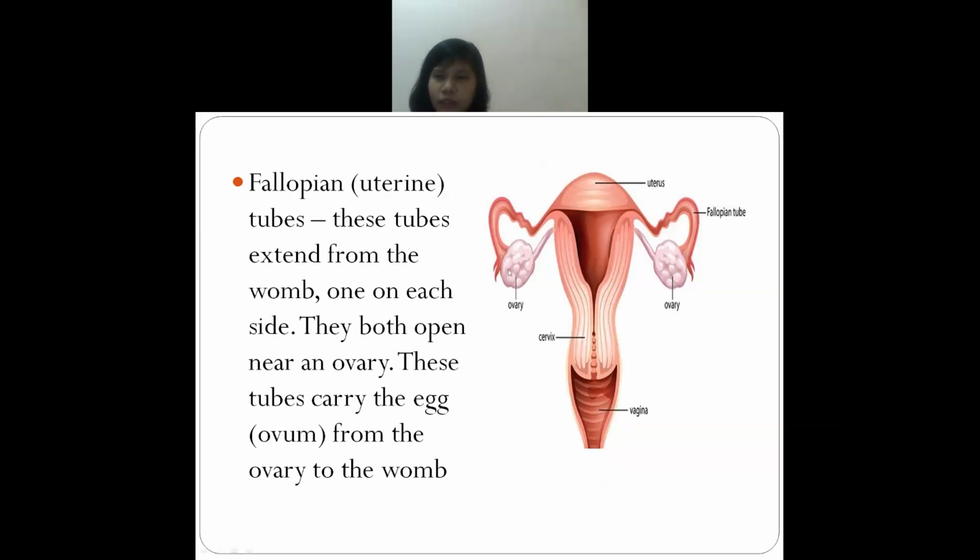Okay, please listen carefully. So this fallopian tube, what does it do? It will go and collect the egg. They carry the egg also, you can say. From both sides they will go and carry the egg, and it will go into this part, the uterus, to the womb.